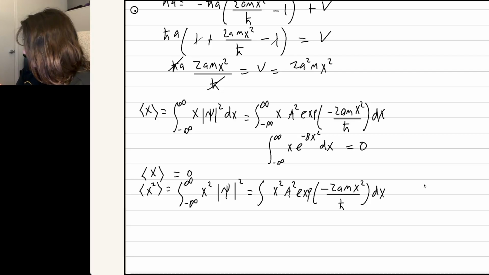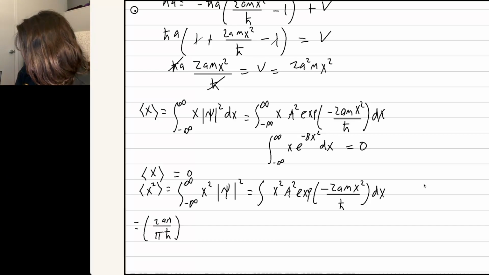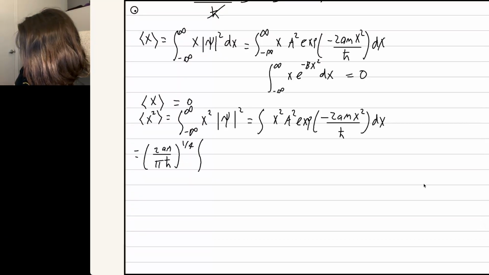I am going to have to plug in the normalization constant, which, remember, we found was (2am over pi h bar) to the 1/4, and it's the integral of x squared exp minus 2am x squared over h bar.